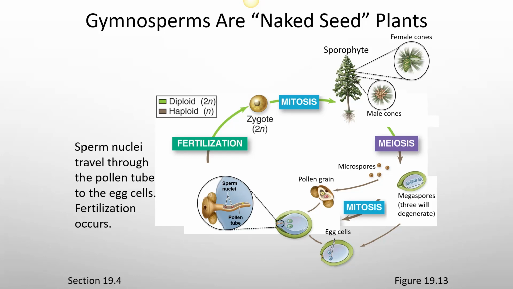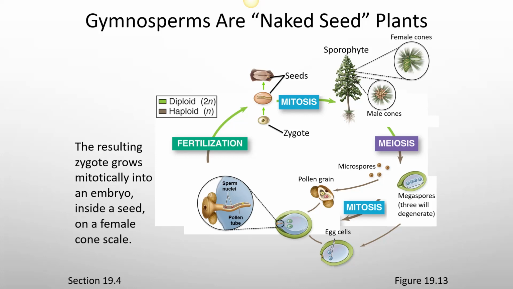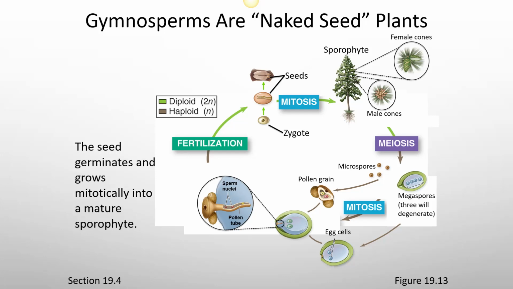Sperm nuclei travel through the pollen tube to the egg cells, and fertilization occurs. The resulting zygote grows mitotically into an embryo inside a seed on a female cone scale. The seed germinates and grows mitotically into a mature sporophyte.